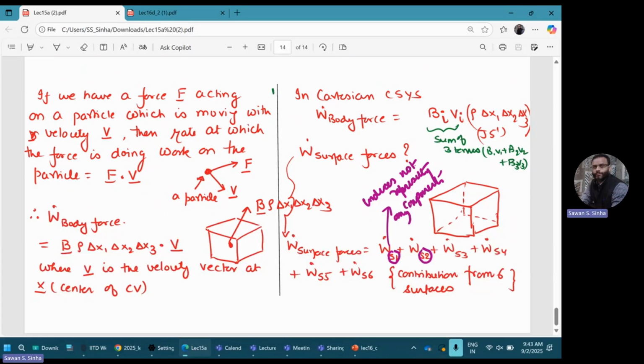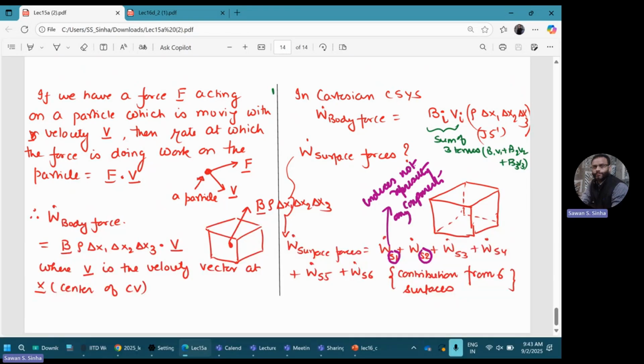B is body force per unit mass vector. And if it is gravitational force, then it will simply become G. Am I right? Per unit mass है या per unit volume है ये वाला? Mass होगा? ठीक है.